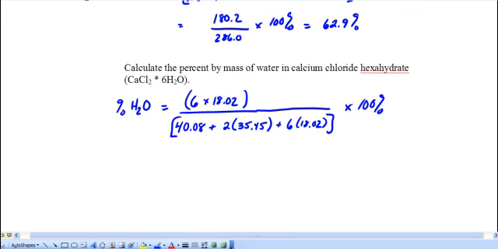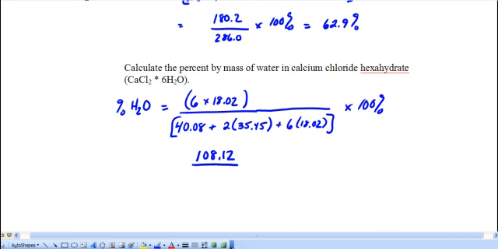And so if you take your 6 times 18.02, we're getting 108.12.